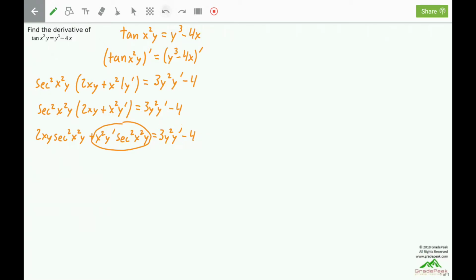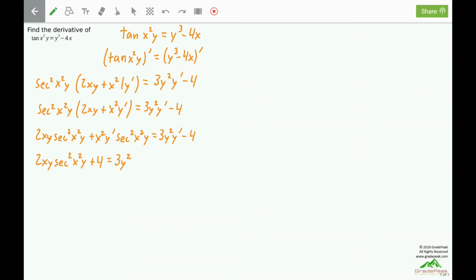Let's isolate y prime by moving them to the right. So I'm going to move this term to the right and this term to the left. That will give us fewer negative signs. We have 2xy secant squared x squared y plus 4 equals, and on the right side I'm going to collect together the y prime terms.